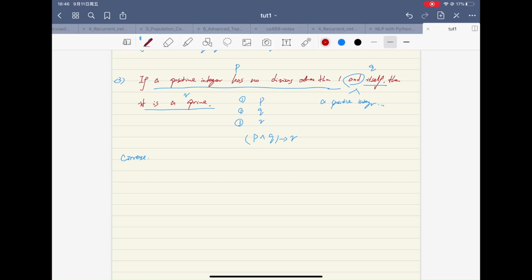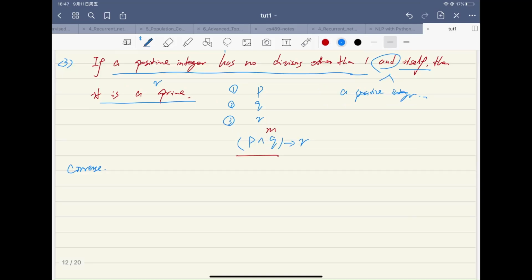When you write the converse or contrapositive or inverse of any compound statement, you can treat the compound part as a whole part. And then we have R implies M, which is just R implies P and Q, right?